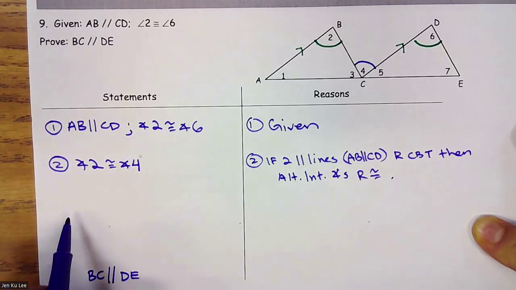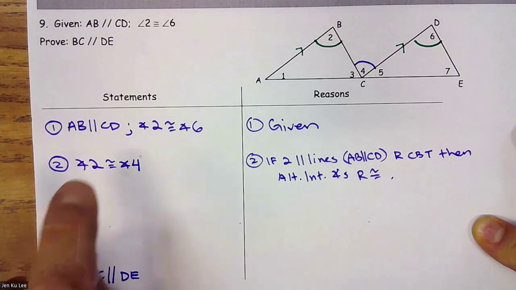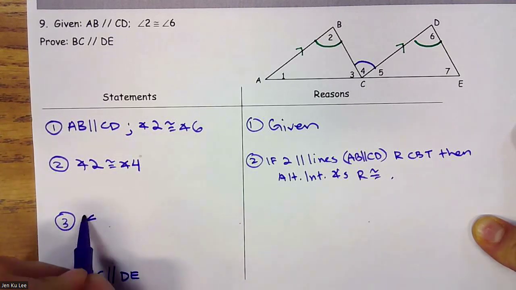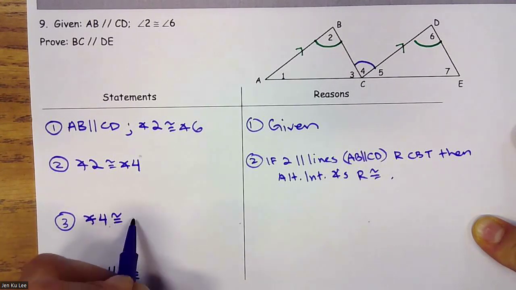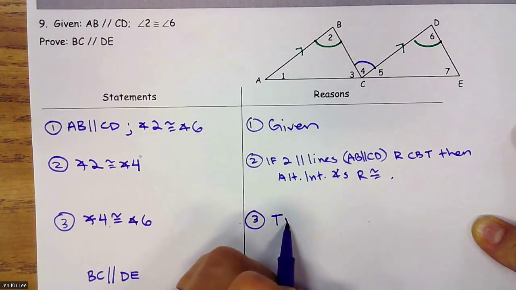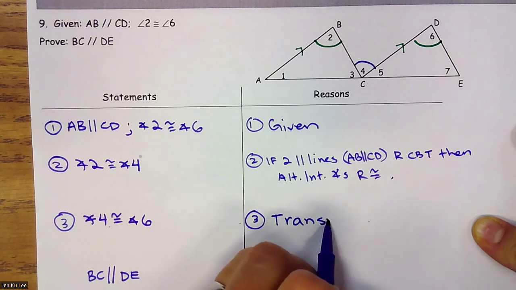So if I know that, then I can say 2 is congruent to 6, 2 is congruent to 4, so angle 4 is congruent to angle 6 through the transitive property.